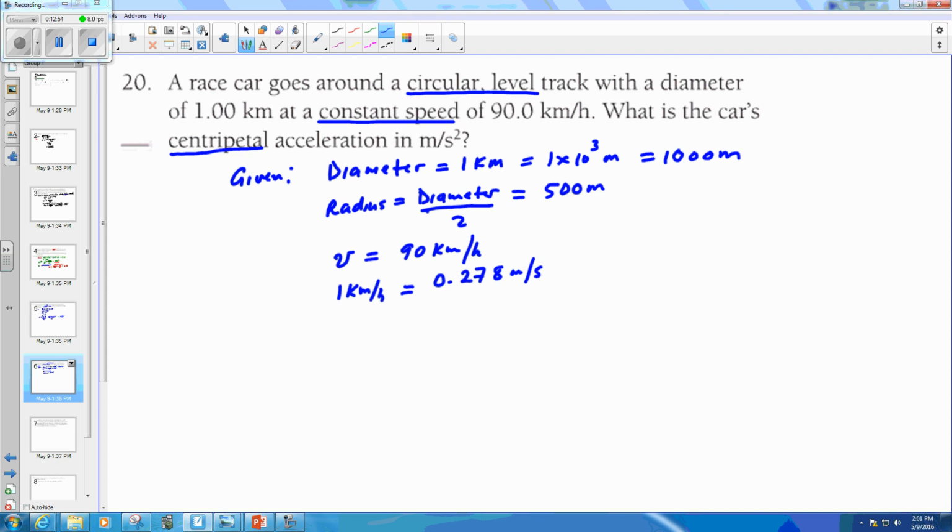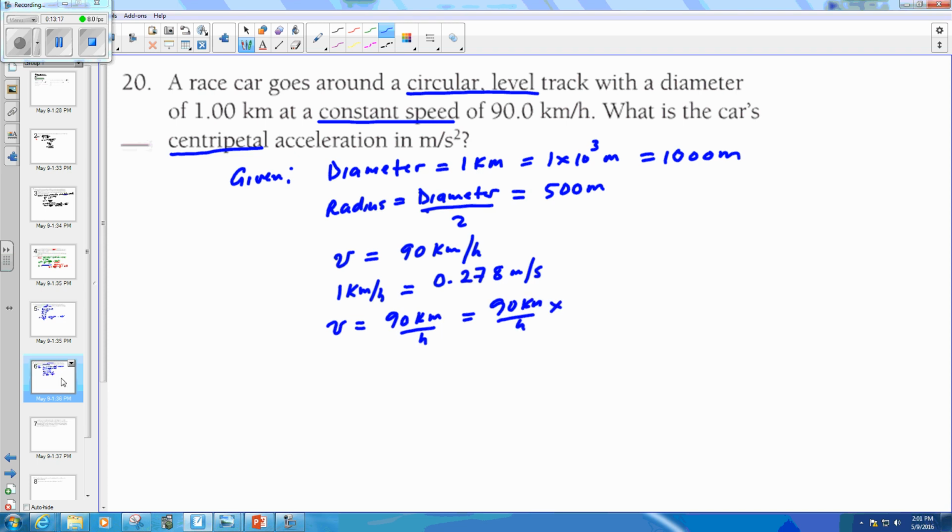And so now, all I need to do is arrange this as a fraction to convert it. So here I go. So I'll say v is equal to 90 kilometers per hour. This is the same as 90 kilometers per hour times, and then I will have my conversion factor.